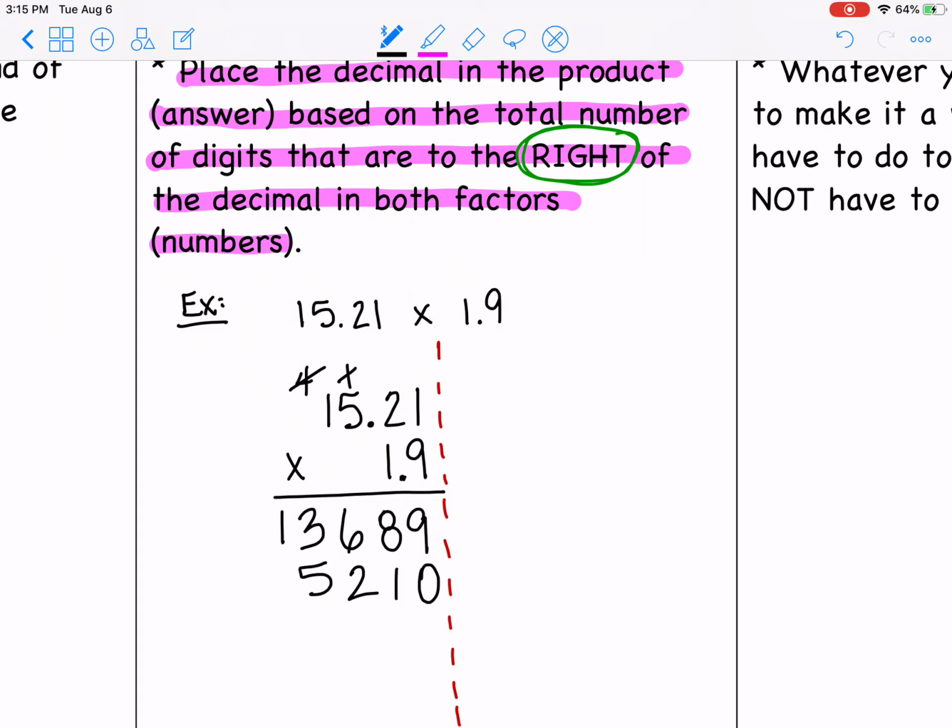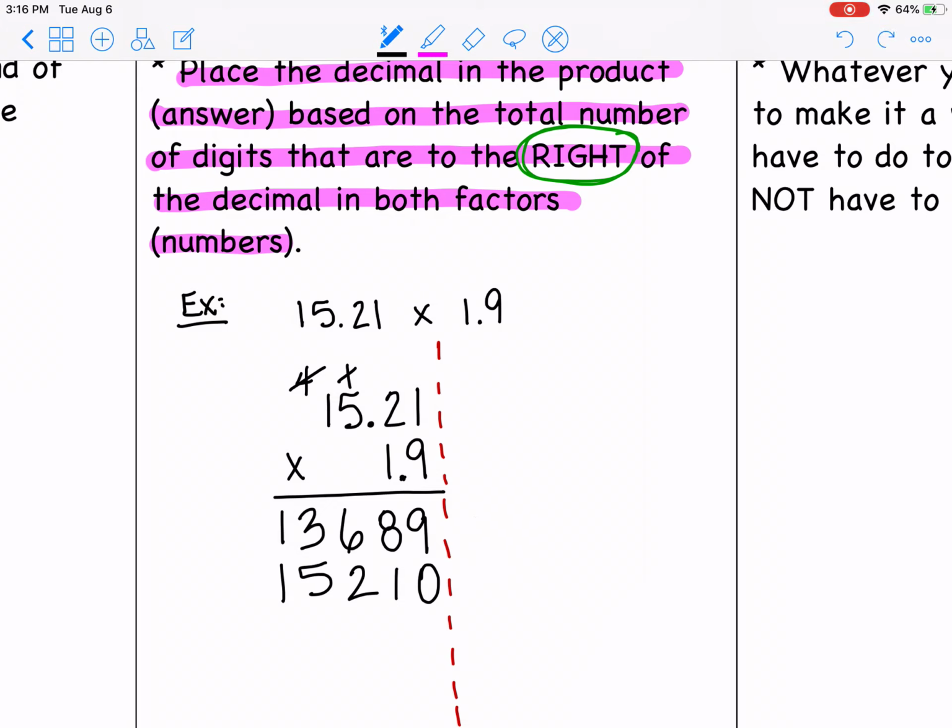And 1 times 1 is 1. Now, we have our second partial product. That makes sense because we had 2 digits in the bottom number. So we should have 2 lines in our partial products.